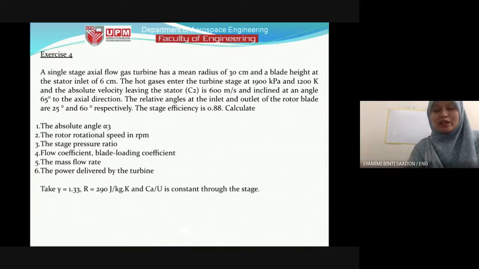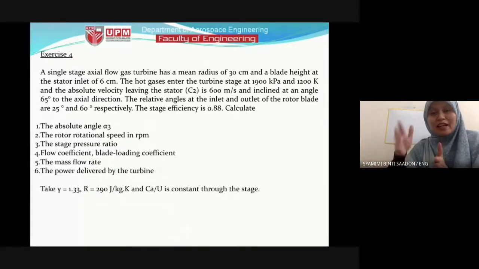So when we position the location in the turbine, 1, 2, 3: number one is at the stator inlet, number two is at the stator outlet or the rotor inlet, and number three is the rotor outlet. So for turbine we focus more on positions 2 and 3, because 2 and 3 are the inlet and outlet of the rotor. It is the rotor which is moving.